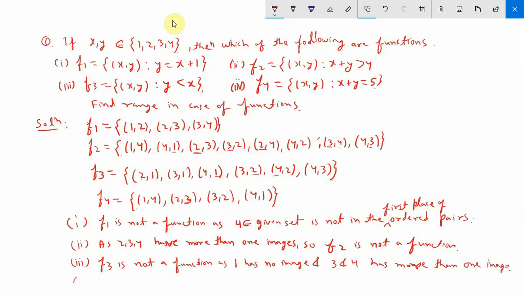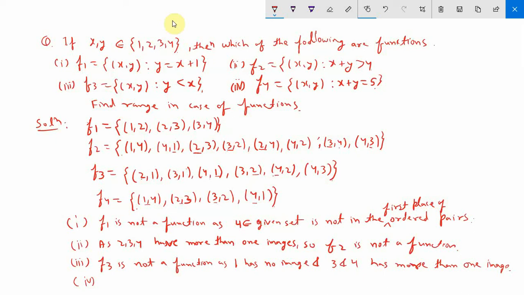Now we will see fourth one: 1, 4, 2, 3, 3, 2 and 4, 1. For 1 we have only one. So we observe that each element of the given set has appeared as first component in one and only one ordered pair of F4.